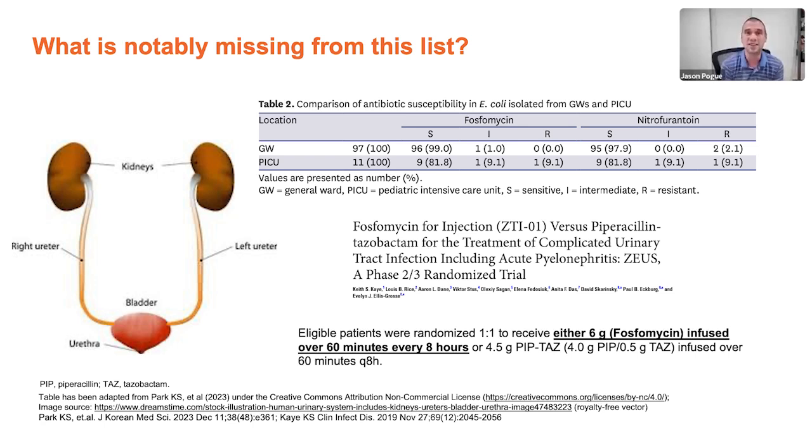But here's the kicker. It was a 7-day course of 18 grams a day of this drug. So if you do the math, that's 126 grams as opposed to the 1 gram you're giving when you give an oral dose. And so you're literally giving less than 1% of what has been proven to be the efficacious dose. So the reason you don't find these drugs on a complicated UTI list, on a pyelonephritis list, is because to treat a more systemic infection, you just don't get sufficient concentrations. So go to the next slide.